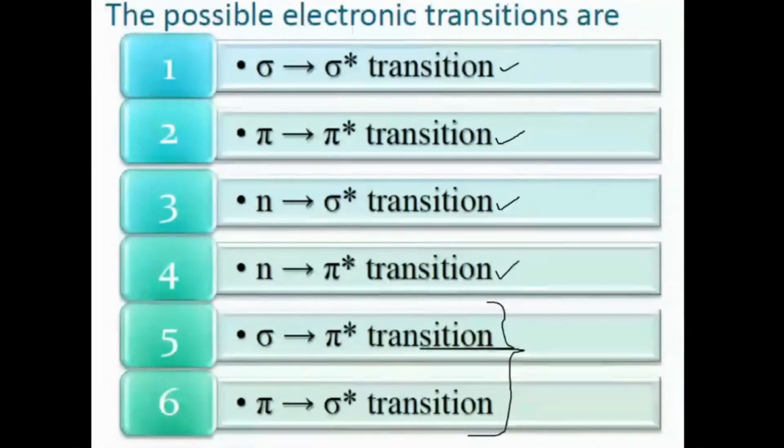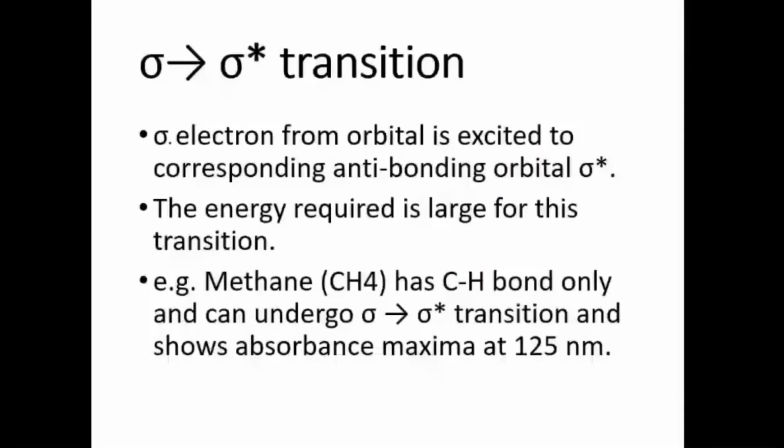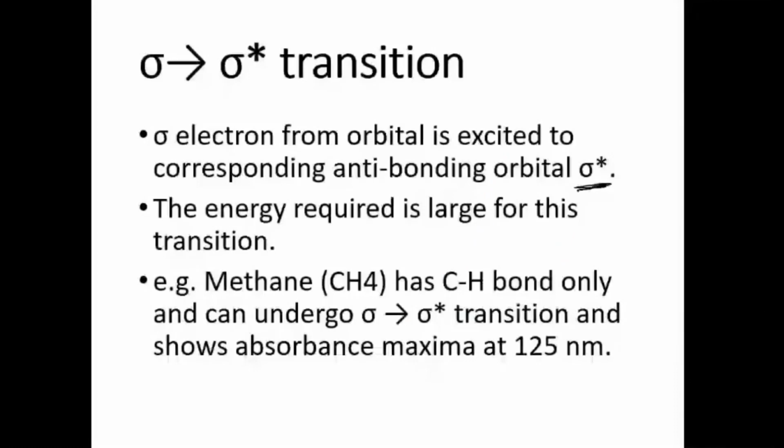A molecule having sigma bonds only, a sigma electron from the orbital is excited to the corresponding anti-bonding orbital of sigma. When this is possible in any molecule, the sigma to sigma star transition is possible. The sigma molecular orbital is very stable, low energy by itself.